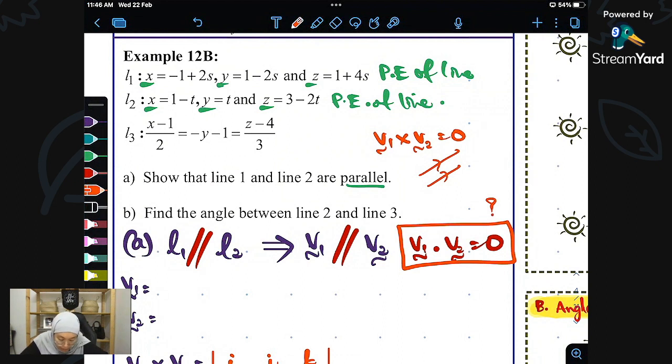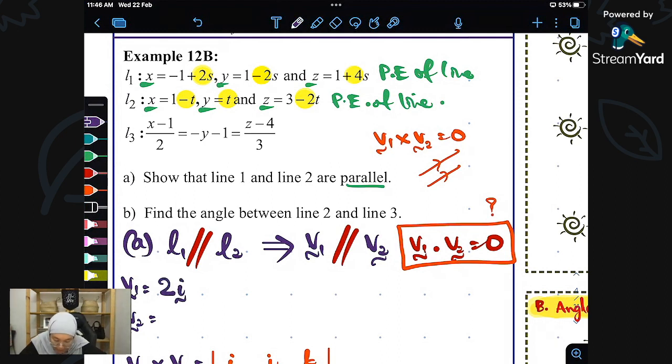So, keluarkan dia punya vektor dulu. So, macam mana nak keluarkan vektor? Sangatlah senang. You tengok nilai ini saja. 2, negatif 2 dan positif 4. Manakala ini negatif 1, 1 dan negatif 2. So, it's easy. So, the vector V1 is actually 2i.